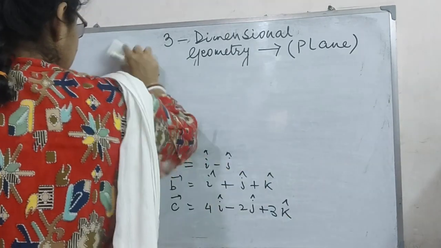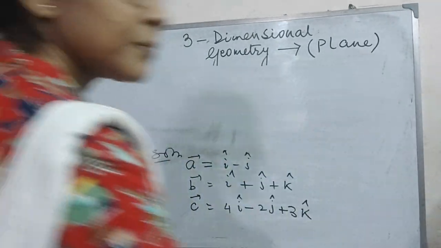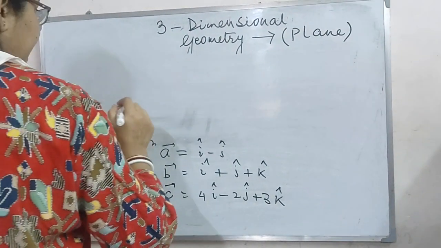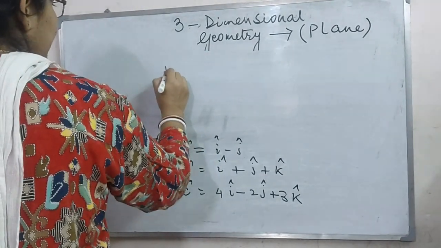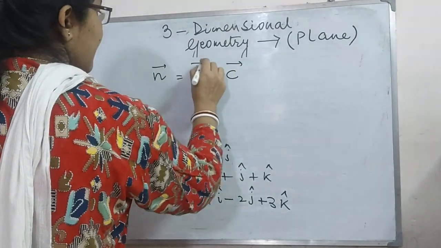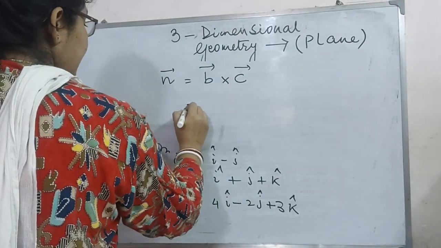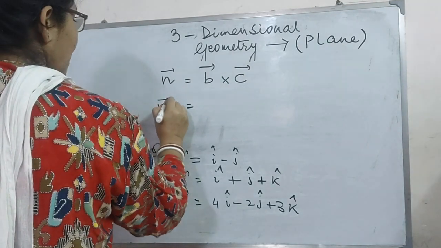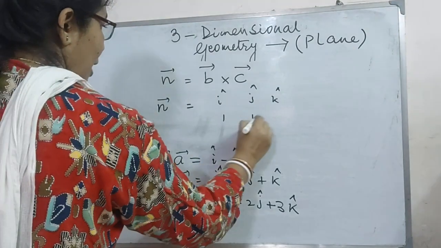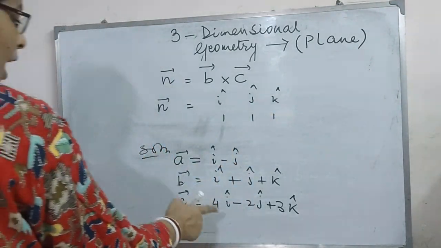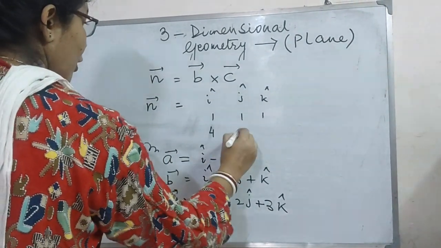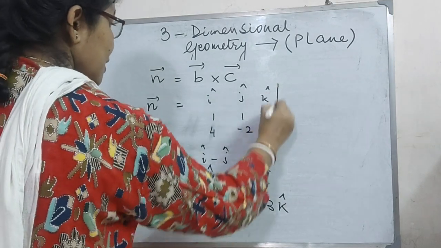From here I can tell the given plane is perpendicular to the vector n, that means b cross c. Here b cross c equal to, that means n equal to the determinant i j k, 1 1 1, and the components of i, j and k from c, I will get 4, minus 2 and 3.